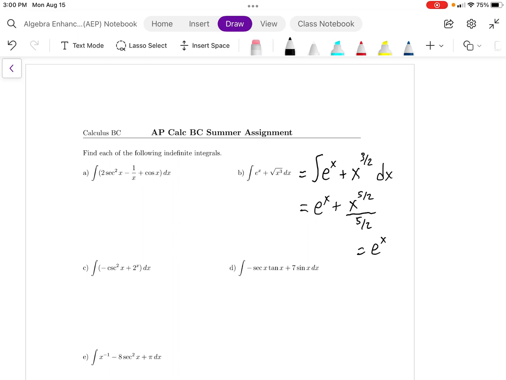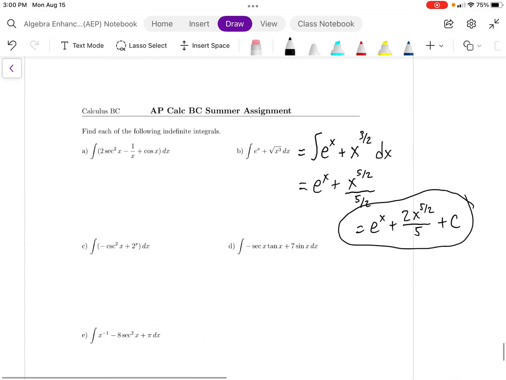So instead of dividing this by 5/2, we can multiply it by 2/5. So this is going to be e to the x plus 2/5 times x to the 5/2, which we write as 2 times x to the 5/2 divided by 5. And then since we're doing indefinite integrals, don't forget your plus c.